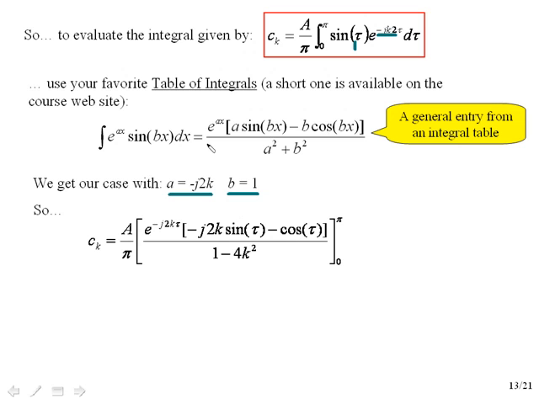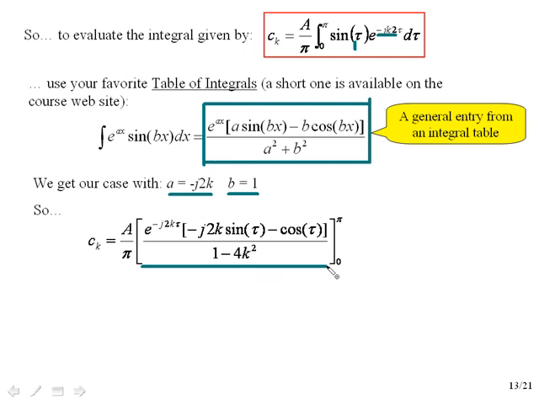We plug those in. So this is the value of the indefinite integral, and we put that inside these brackets. We've just evaluated this for these specific values, and now we have to do the definite integration part, where we evaluate this at those two limits of integration.